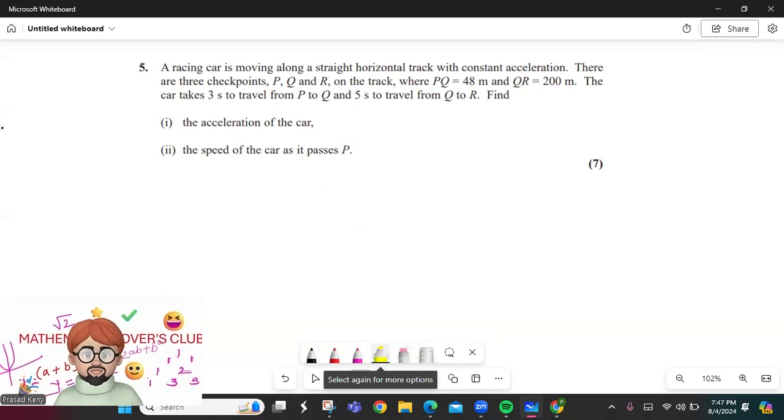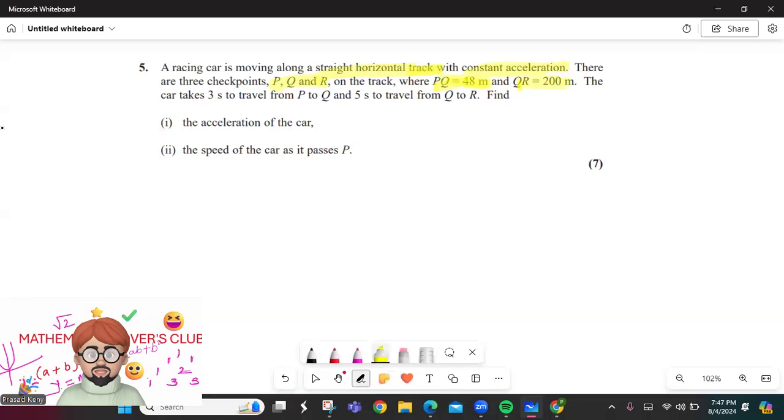It is said that a racing car is moving along a straight horizontal track with constant acceleration. There are three checkposts, P, Q, and R. On the track, PQ is 48 meter and QR is 200 meter.